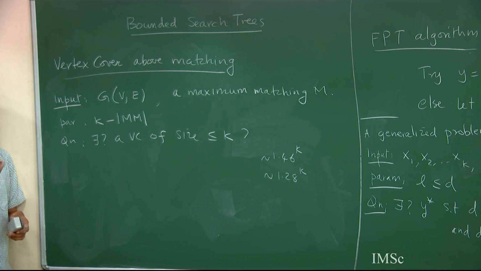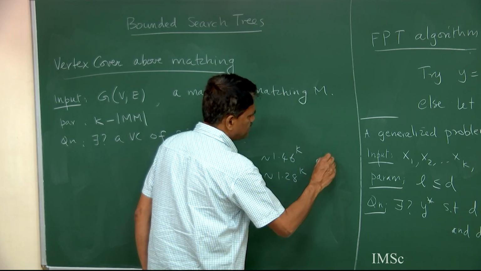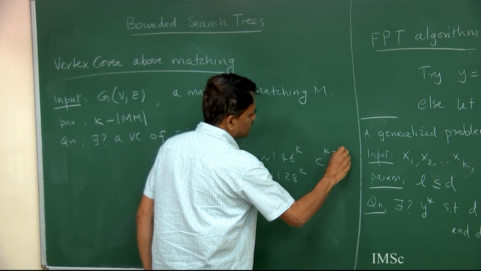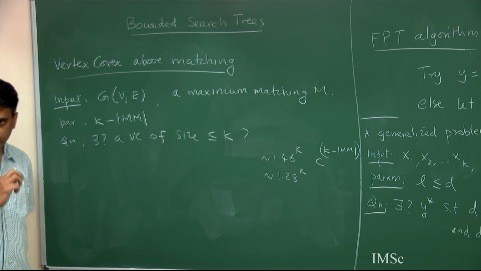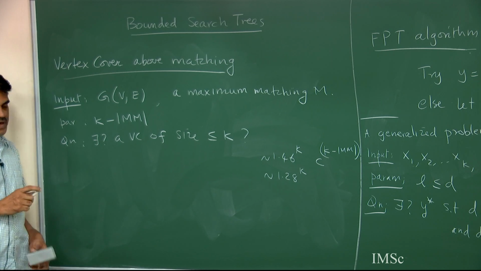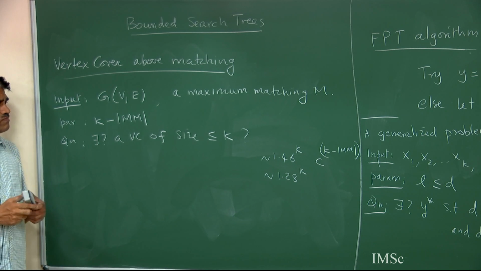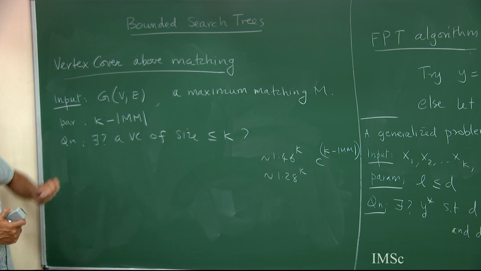So now I am asking, can you do it with k minus the maximum matching as the parameter? That means if I am after a c power k algorithm, the parameter I am interested in is something like this. And I argued briefly last time why this is a more interesting parameter than just k.